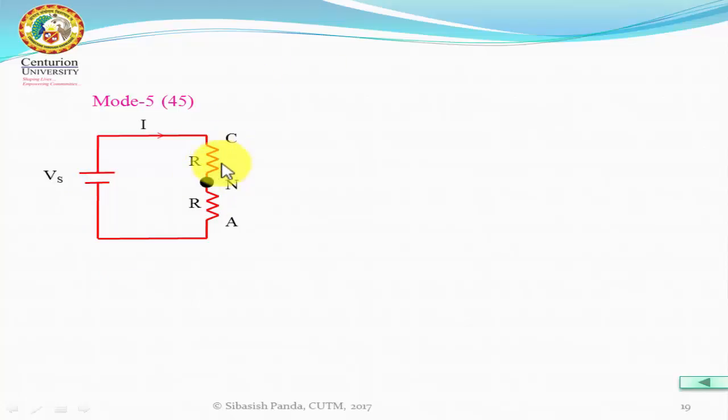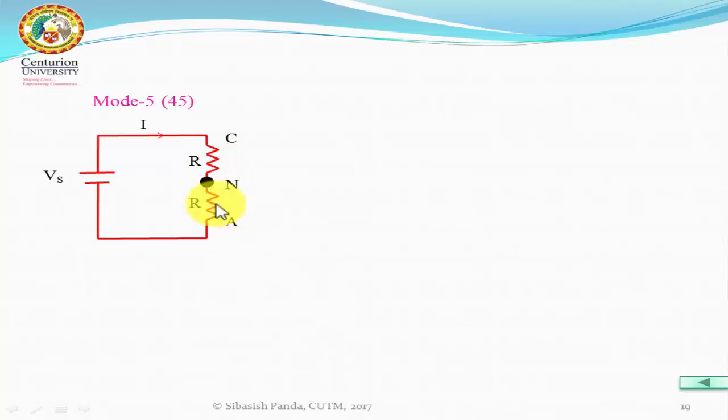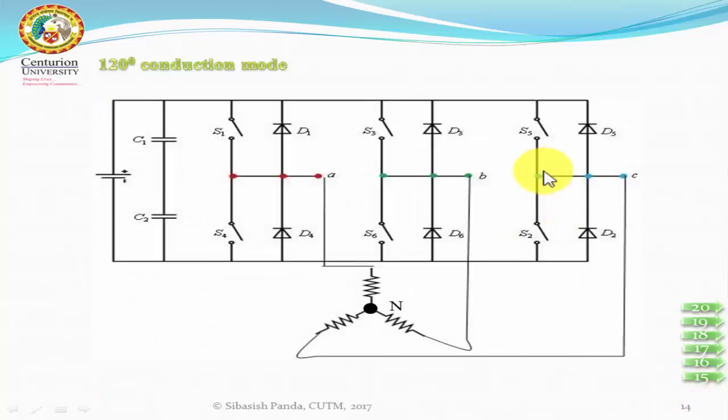So here we will get CN as Vs by 2, AN will be minus Vs by 2, and BN will be 0. We can find out AB as minus Vs by 2, BC as minus Vs by 2, and CA as plus Vs.